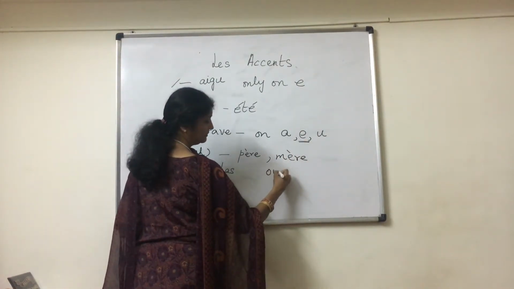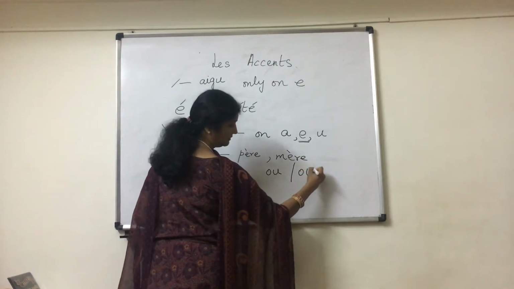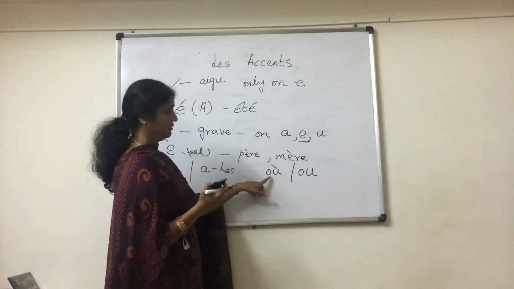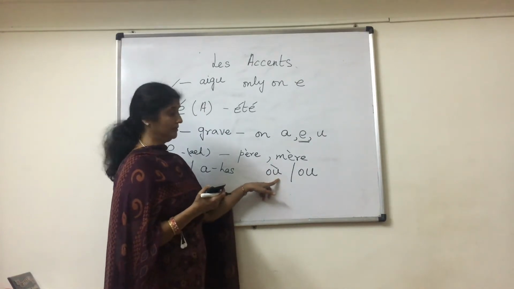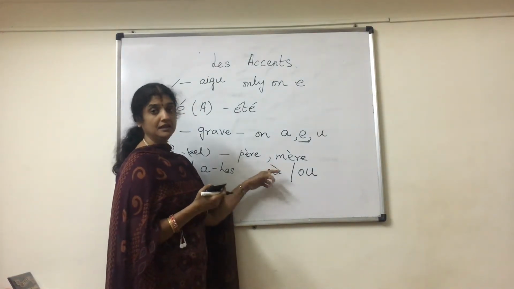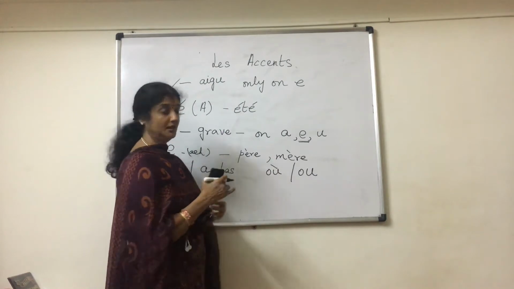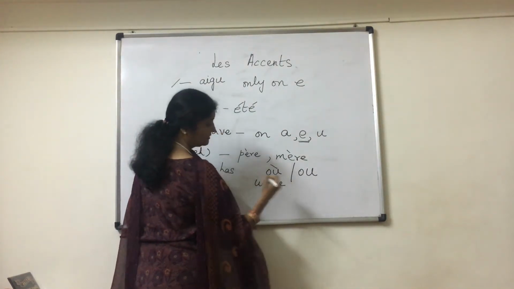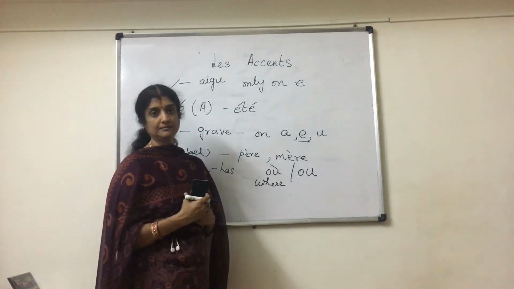Now let's go to u. Again an example. When I write où, u with an accent grave, it indicates a question word, where. It's an interrogative question word, where.